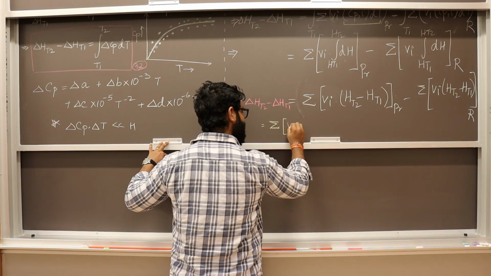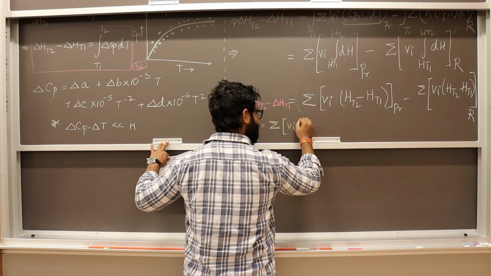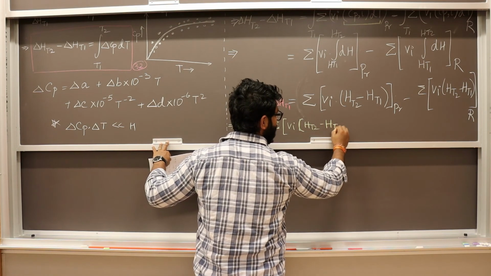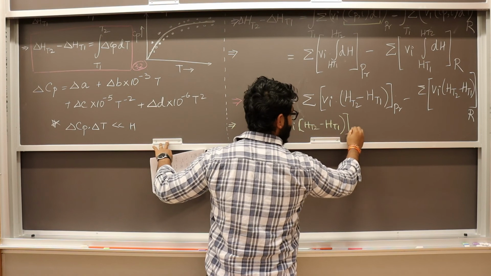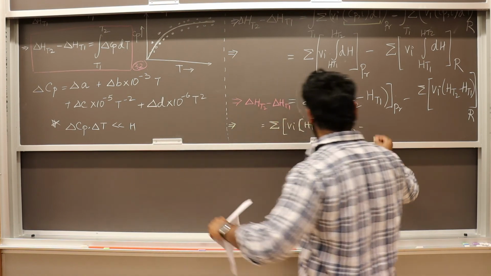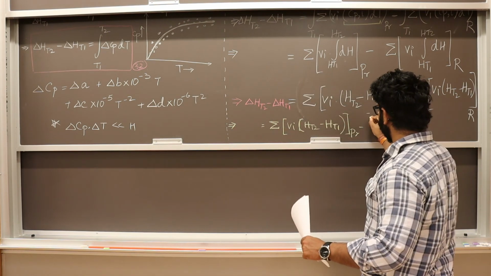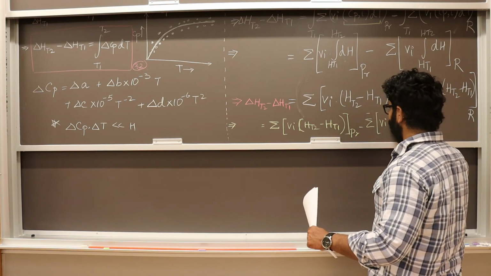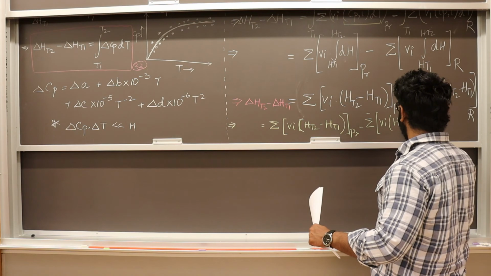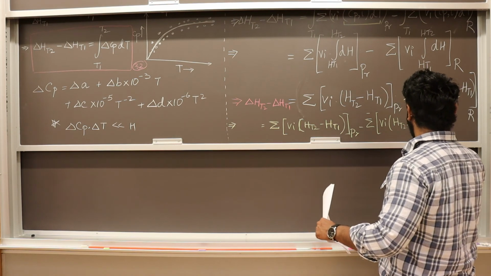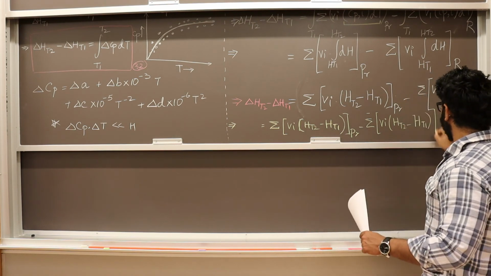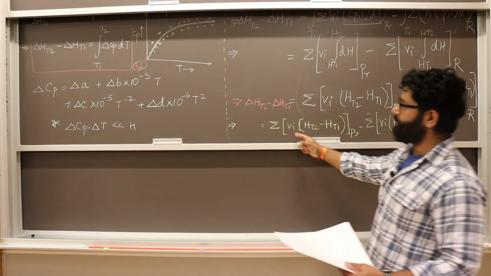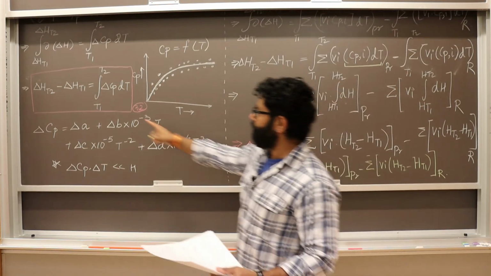This becomes Vi times H at T2 minus H at T1 for the products minus Vi times H at T2 minus H at T1 for the reactants. So this equation is similar to this.